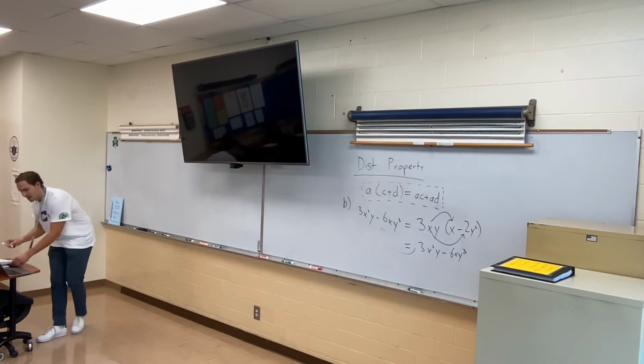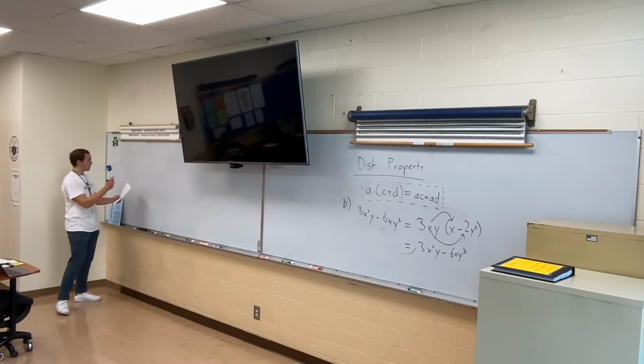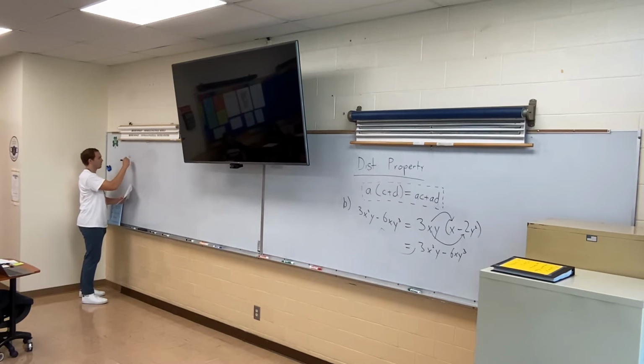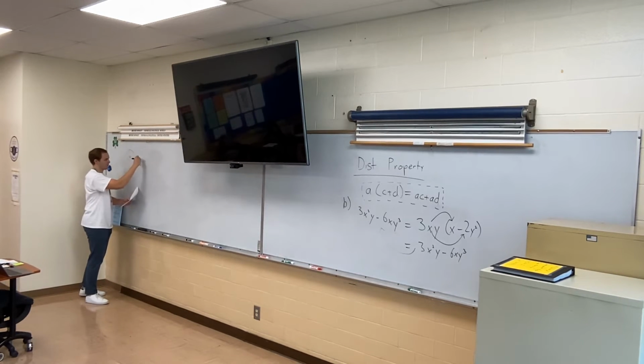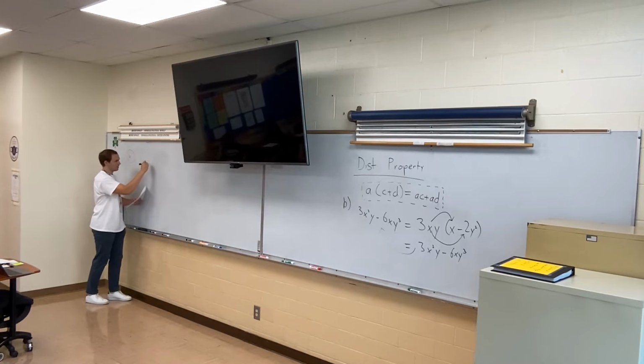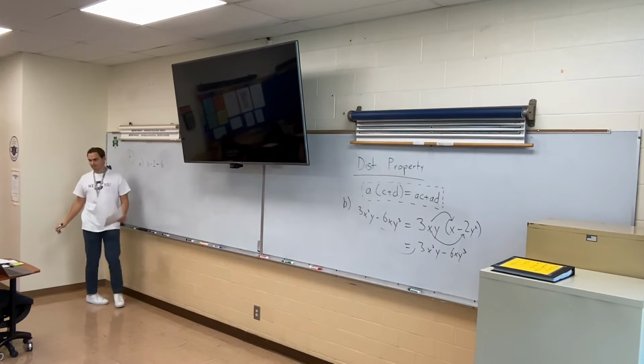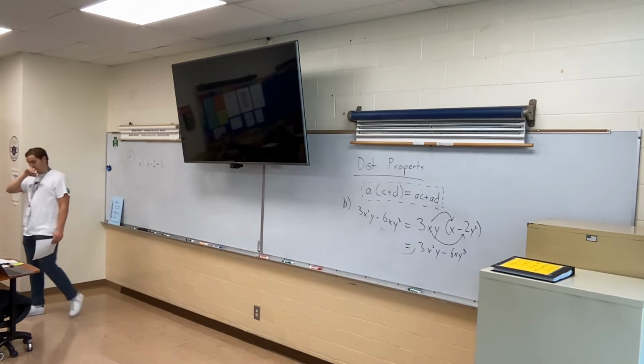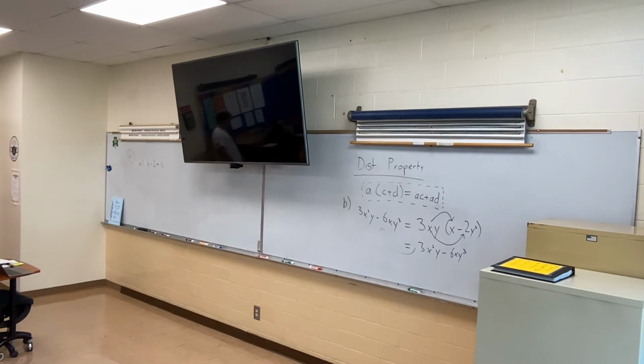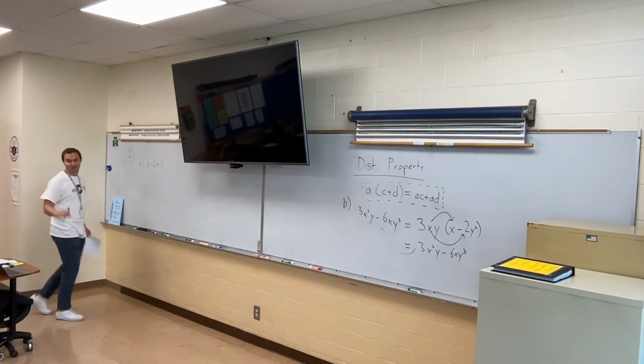Okay, so name the property shown. Six times 1 equals 6. Anyone have any idea what my properties are named? Hey, you actually got the first word right.